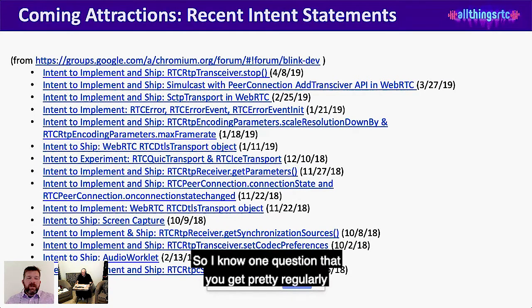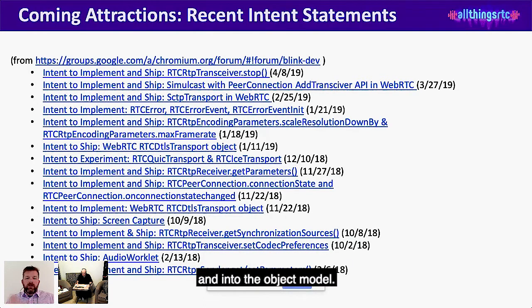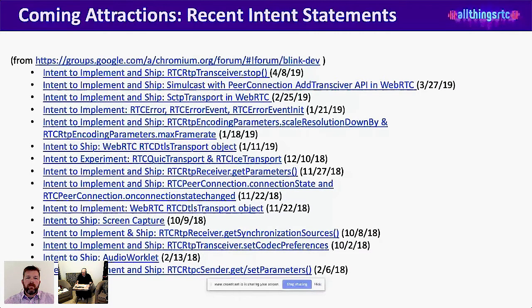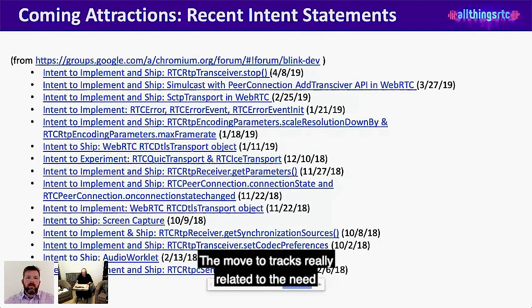Looking forward to that. I know one question that you get pretty regularly about WebRTC 1.0 is around the object model and why WebRTC has moved away from addStream and into the object model. Can you give us the short answer of why that decision was made? I would say the two decisions, to move from stream to tracks and to the object model, were somewhat separate. The move to tracks really related to the need to operate on audio and video separately.